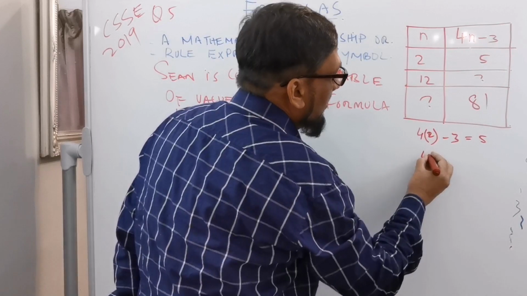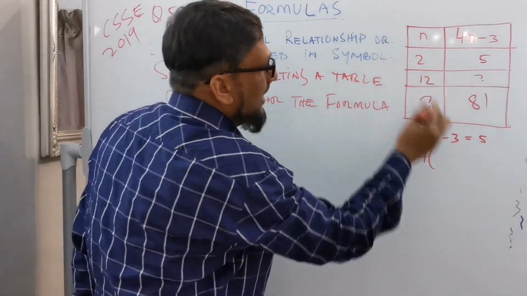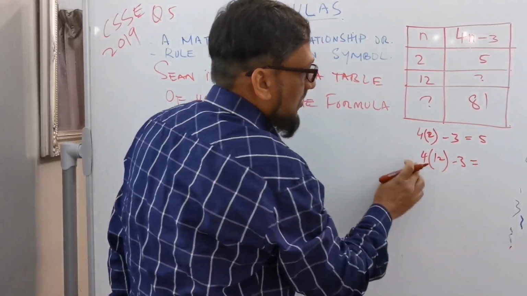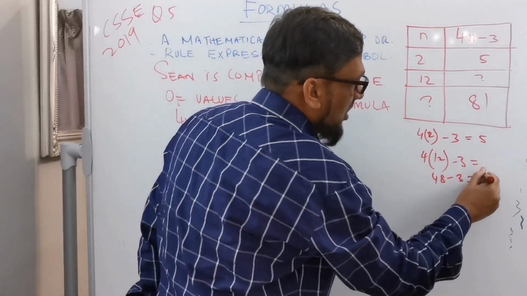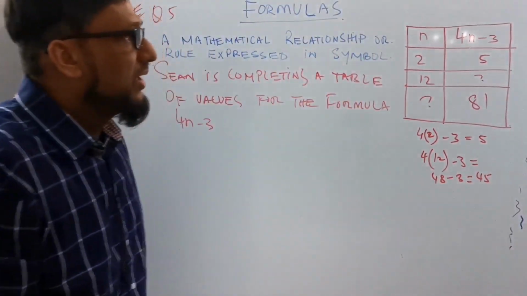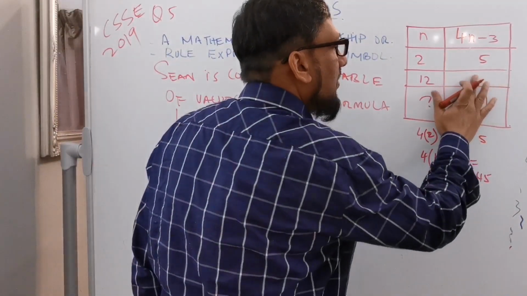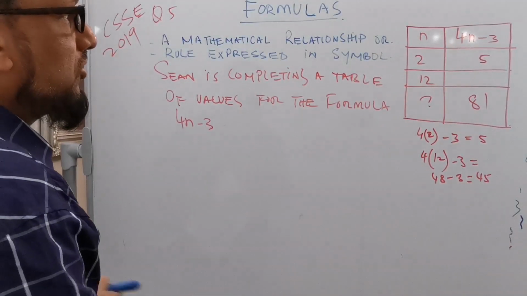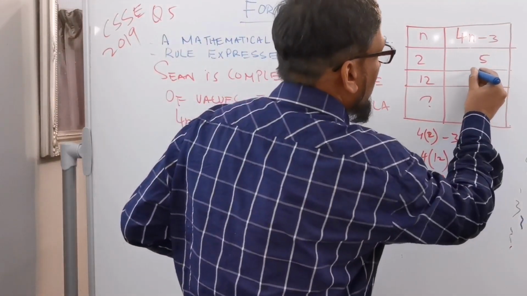The value of n is 12. So 4 times 12 is 48, and 48 take away 3. So the answer comes to 45. So if the value given is 12, the answer is 45.